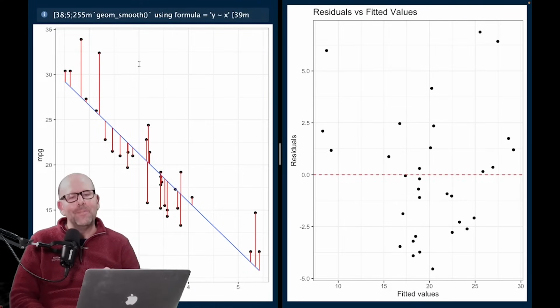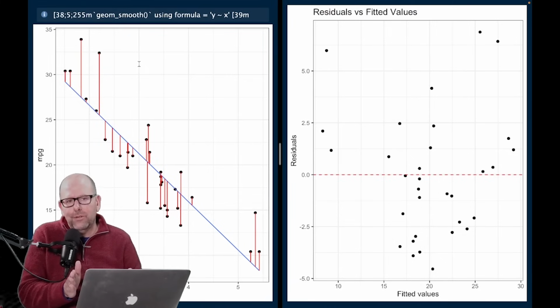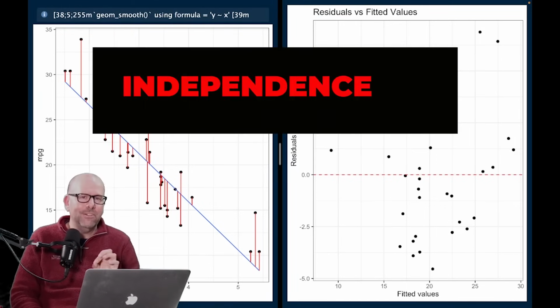That basically means that the variance of these residuals is evenly distributed across the fitted values. In other words, we're not seeing a pattern. We're not seeing a whole lot of large residuals on one side of the graph and small ones on the other side. It is evenly distributed across the board. And then the third assumption is that they are independent of each other.